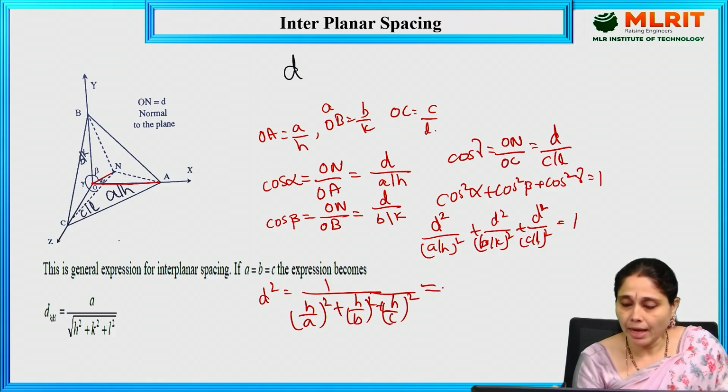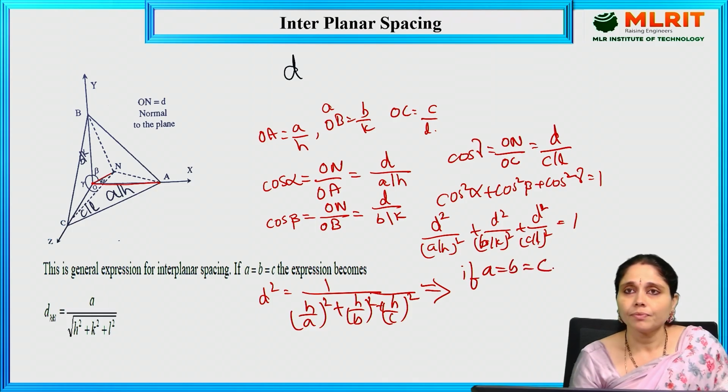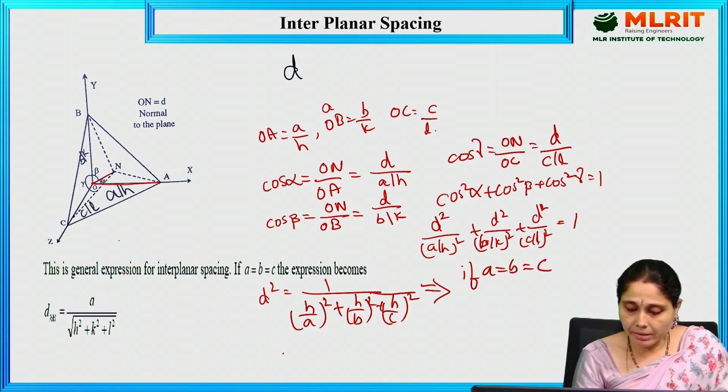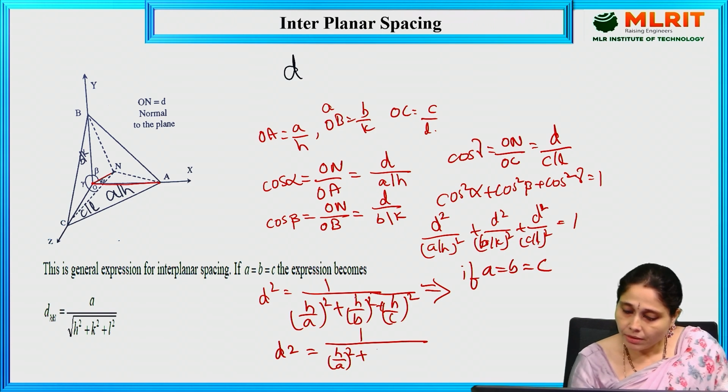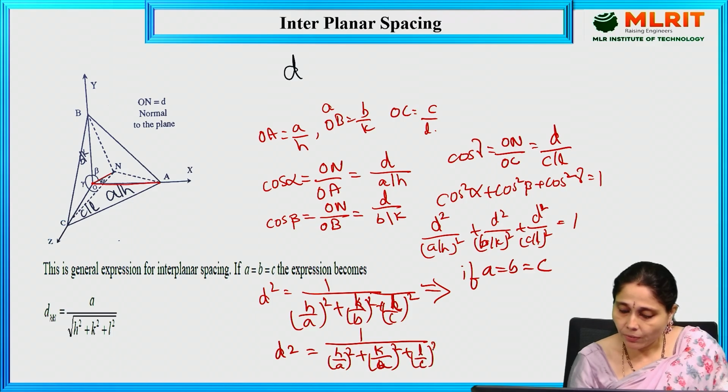If A is equal to B is equal to C, then D square is equal to 1 by (H by A) whole square plus (K by A) whole square plus (L by A) whole square.